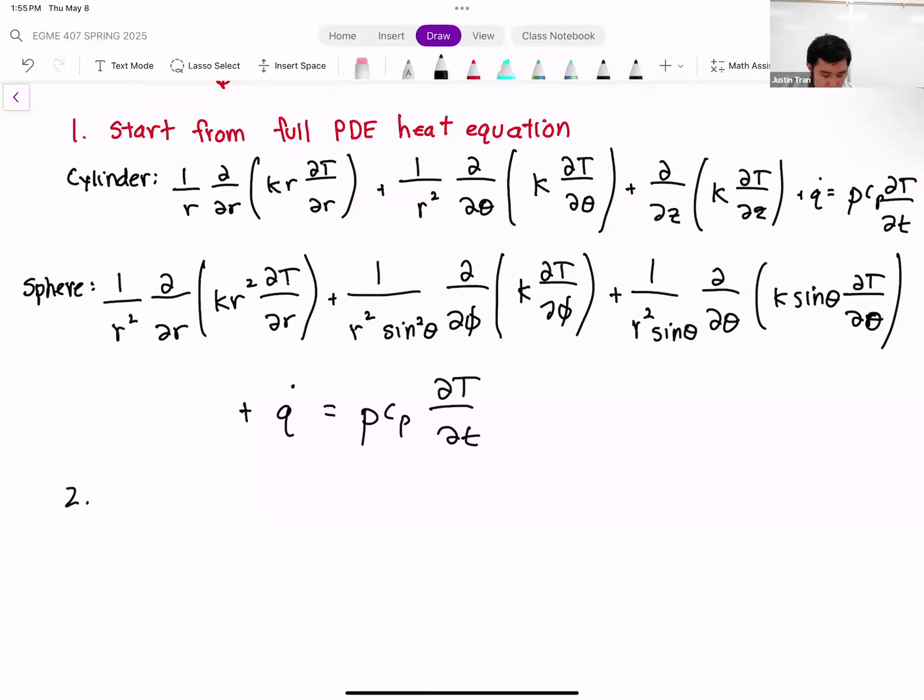Step two in these problems is to state your assumptions. Every time you solve one of these problems, you are going to have some assumptions, otherwise it would be impossible to solve these types of problems. So you're going to state your assumptions and cancel the terms from the heat equation.